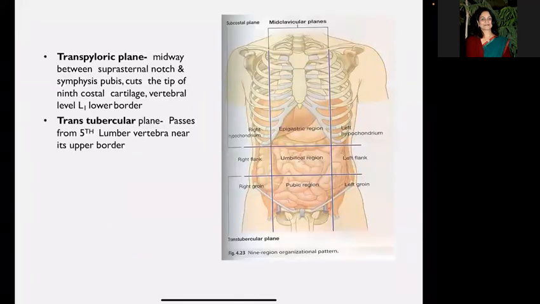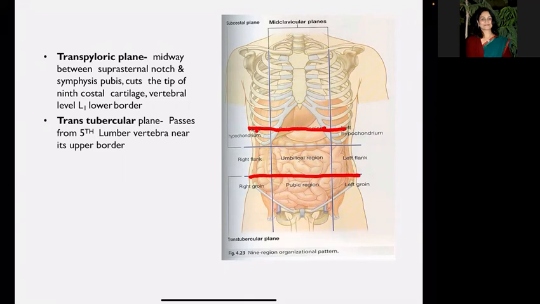Two other planes are also often used: the subcostal plane and the transtubercular plane. This transpyloric plane, which passes between the 2 tips of the 9th costal cartilage, posteriorly reaches the level of the L1 vertebra, while the transtubercular plane cuts posteriorly the 5th lumbar vertebra near its upper border.